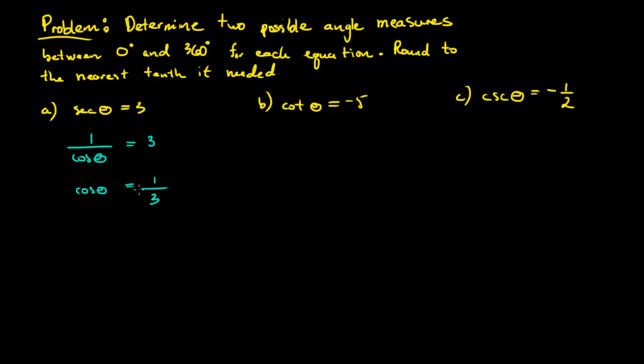So now that we have that cosine theta is equal to 1/3, I know that one possible measure for theta is equal to the inverse cosine of 1/3.